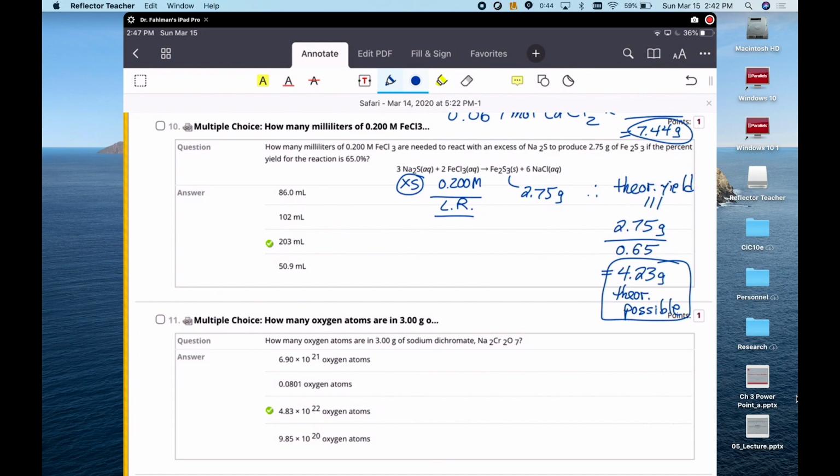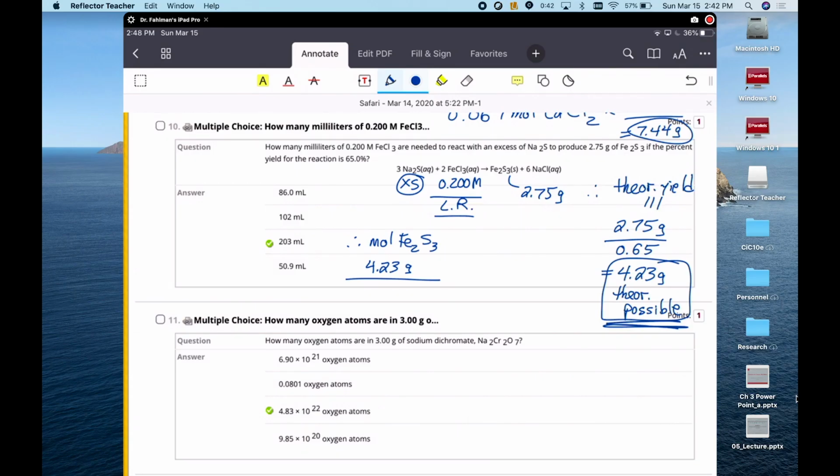Now we want to calculate moles and then convert it to moles of our reactant. Therefore moles of Fe2S3 would be 4.23 grams divided by its molar mass.